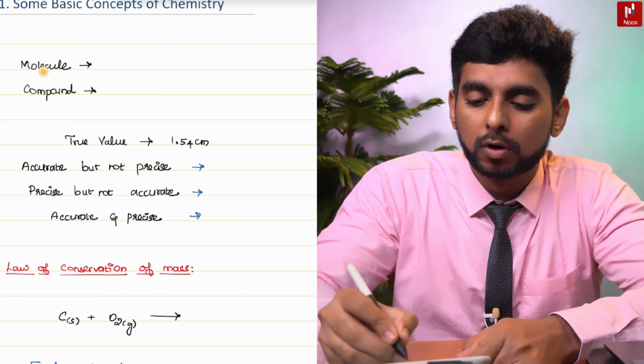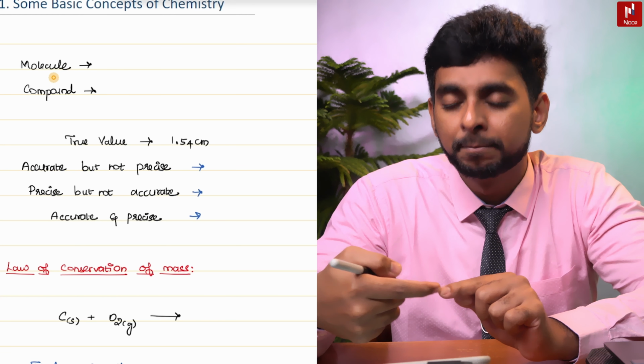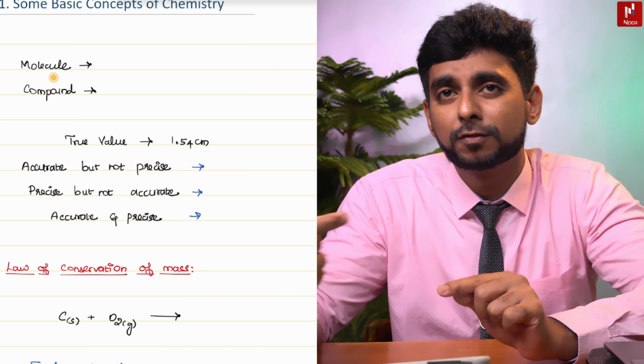If it has to be a molecule, then it has to be similar atoms that combine. In the case of a compound, you need two different atoms that combine together, and then it forms a compound, right? So in the case of a molecule, the two atoms have to be similar. In the case of a compound, dissimilar atoms could combine to form the compound. So that's the differentiation between the molecule and the compound.